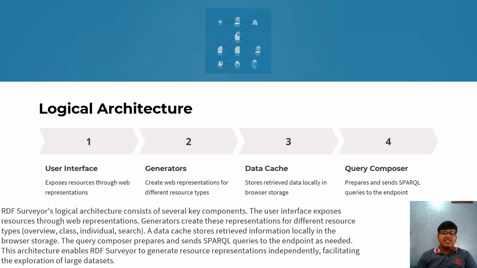The user interface exposes resources through a web representation, and generators create these representations for different resource types: overview, class, individual, and search. A data cache stores retrieved information locally in browser storage. The query composer prepares and sends SPARQL queries to the endpoint as needed. This architecture enables RDF Surveyor to generate resource representations independently, facilitating the exploration of large datasets.